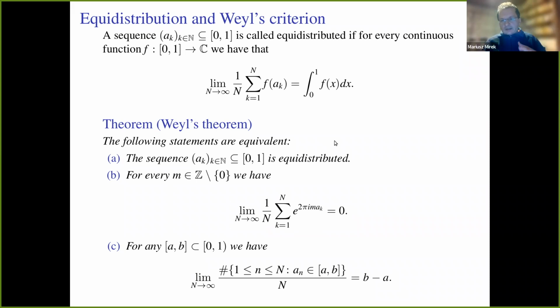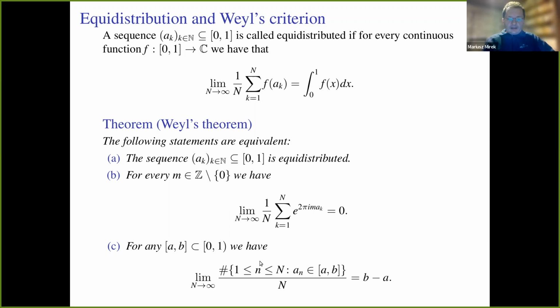So it suffices to verify the existence of these limits in a dense class, or some objects that generate, we know that linear combinations generate a dense class in the space of continuous functions. So this is why we can restrict our attention to the limit of this form. And this is very useful in many applications.